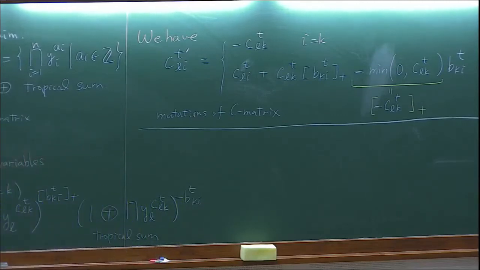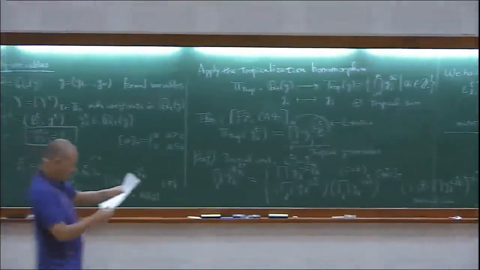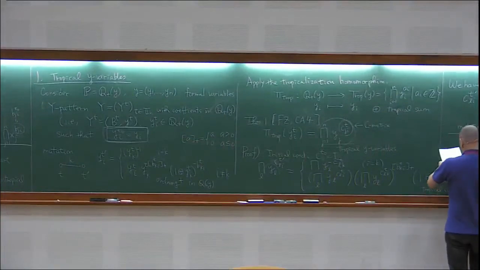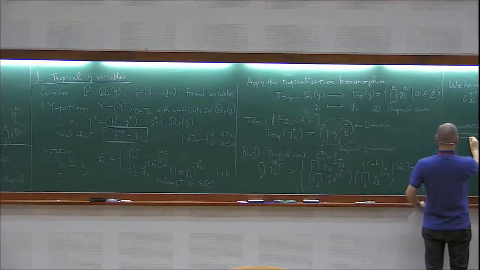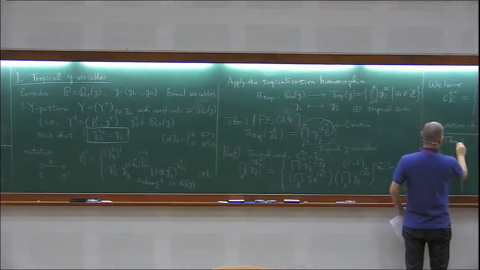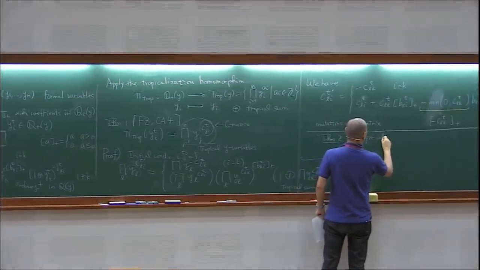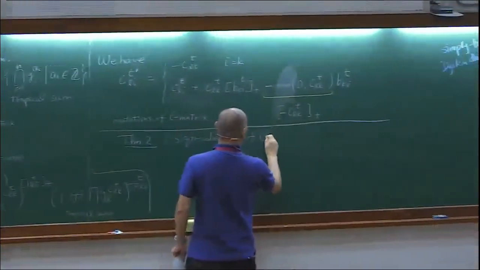Now, first I identified this part, namely this C matrix part, as a tropicalization of your universal Y variable. Now I'm going to analyze the whole structure of that separation formula, and in the next stage we need a very important property called the sign-coherence of C matrices.